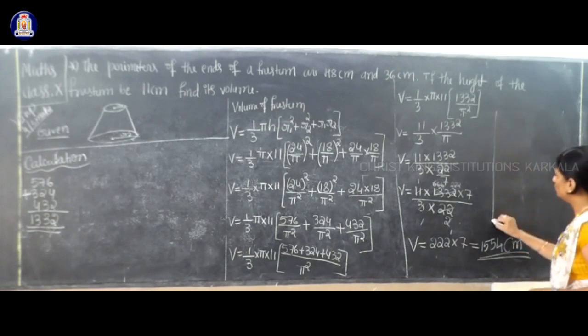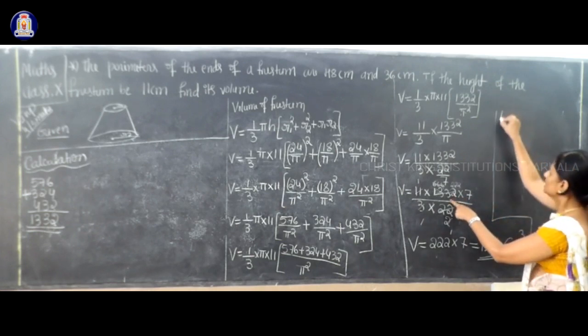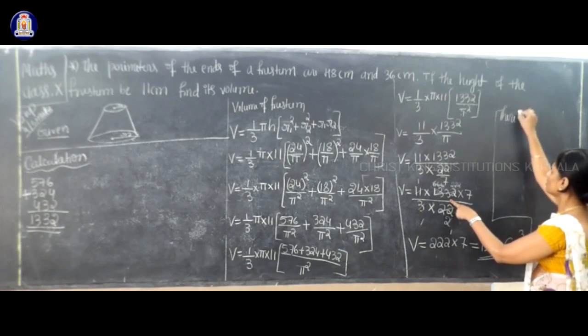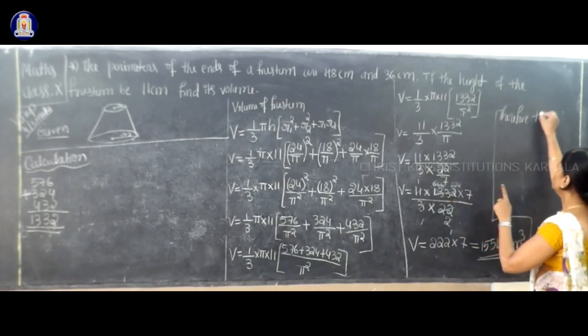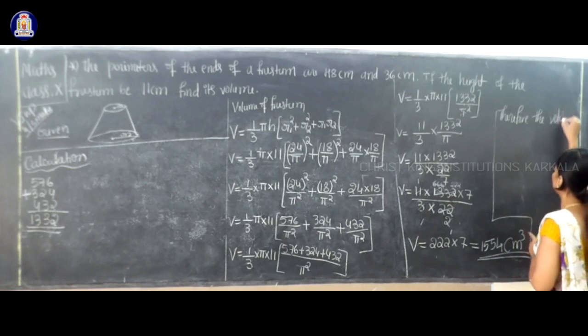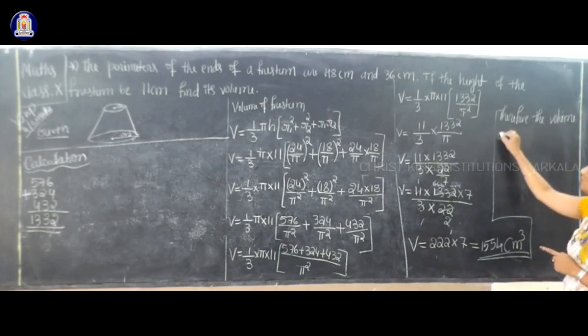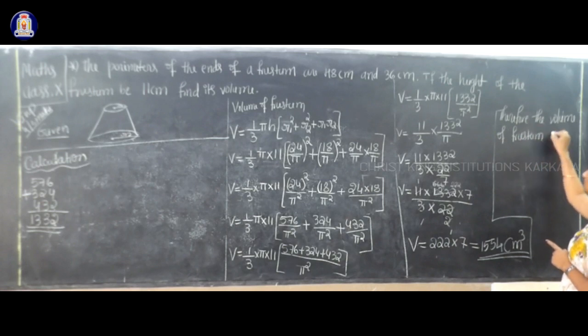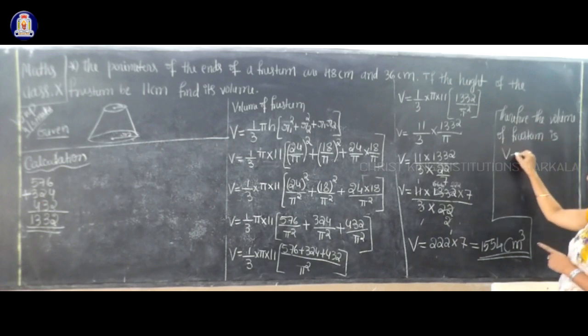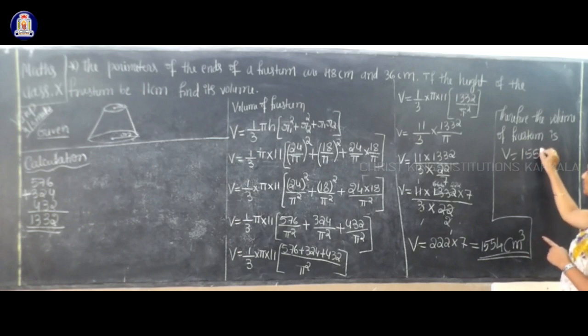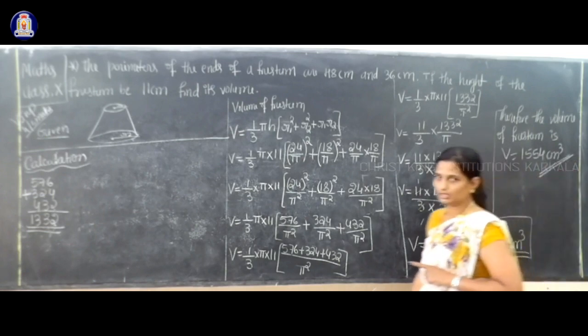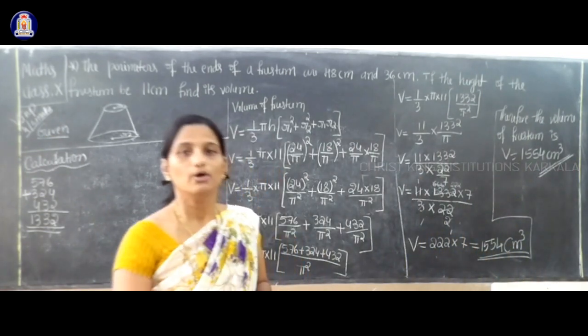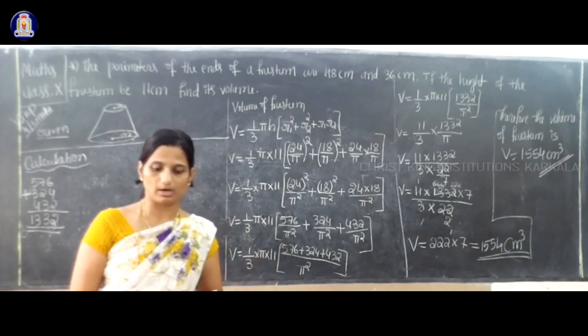Therefore, the volume of frustum is V equal to 1554 centimeter cube. Very important question for 5 or 4 marks.